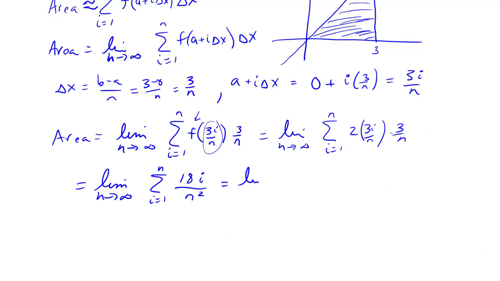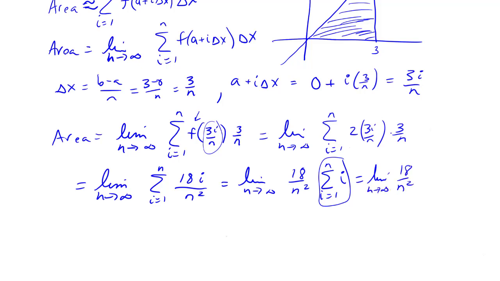Well, this is what we were doing before. So limit as n goes to infinity, I'll take out the 18 over n squared, sum i equals 1 to n of i. Again, that's one that I know. So it's the limit as n goes to infinity, 18 over n squared, and then this is just n times n plus 1 over 2.